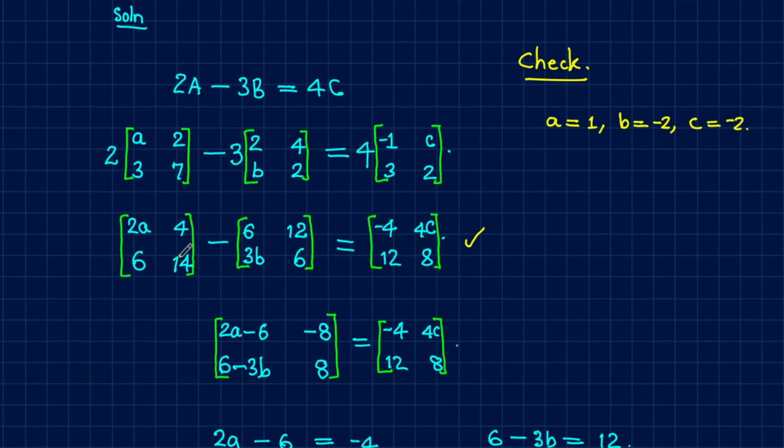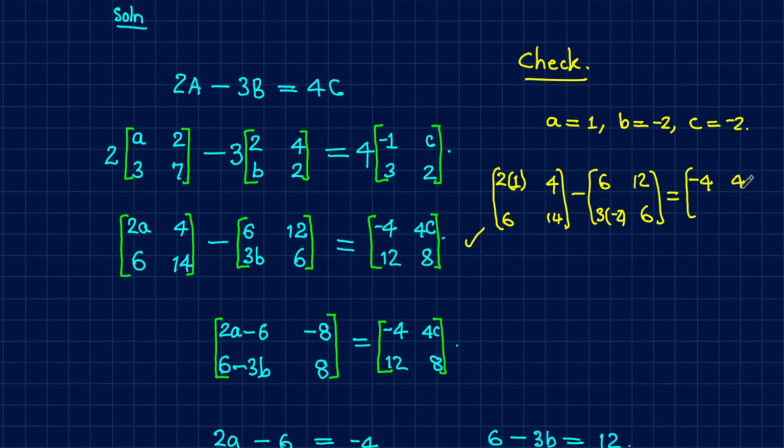So putting it at this location, we have 2 times the value for A, that is 1, and at this location we get our 4, 6, and 14. Now that is the first matrix here, and the second matrix we're subtracting is 6, 12, 3B, and B is -2. We place it there and have 6. This must give us exactly the result of having -4, and 4 times C, which is -2.